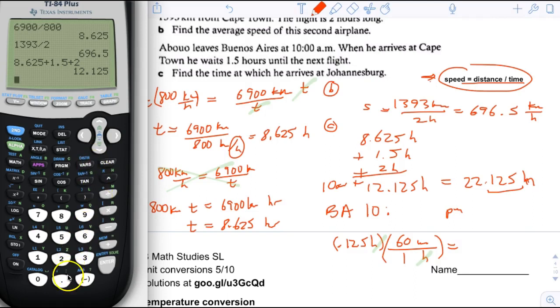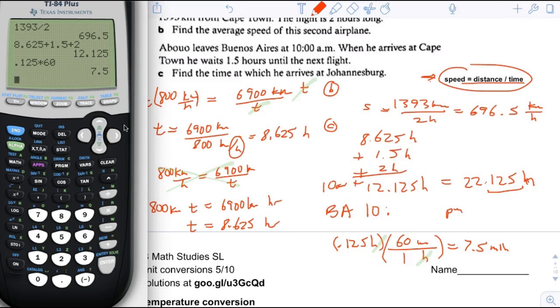So we'll have 0.125 times 60. And that'll give us 7.5 minutes. Okay? So 0.125 hours is actually 7.5 minutes.